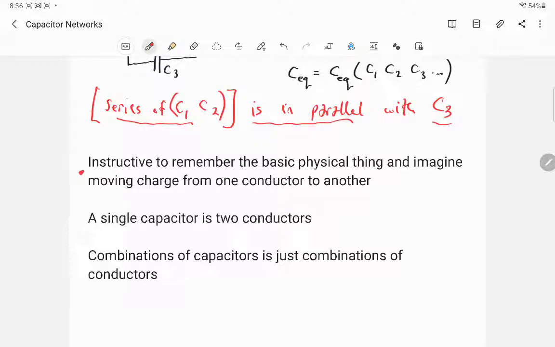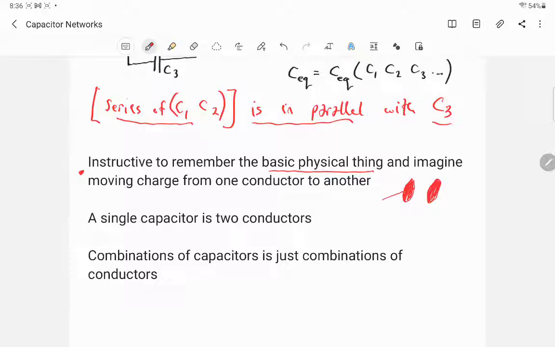It's instructive to remember that the basic physical thing of a capacitor is you've got 2 pieces of metal of some sort of shapes. In the previous lectures, you saw spherical capacitors and coaxial cylindrical capacitors and parallel plate capacitors.